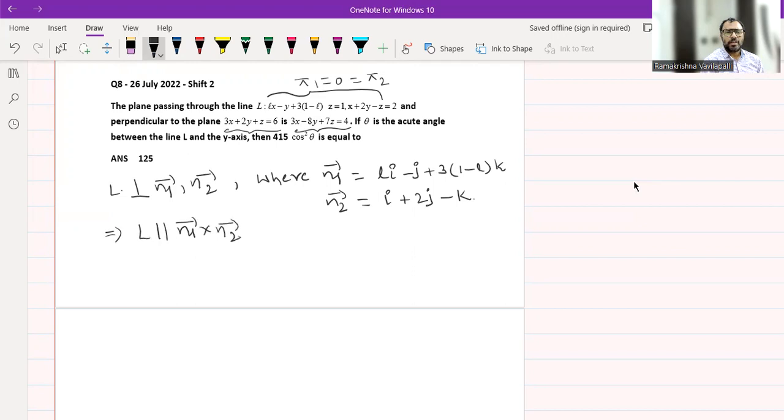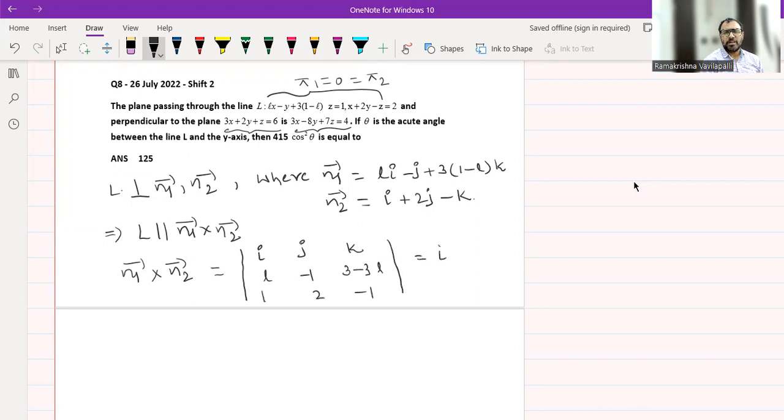So therefore, what is N1 bar cross N2 bar? I am finding the direction ratios of the given line. Determinant of i, j, k; L, minus 1, 3 minus 3L; 1, 2, minus 1.